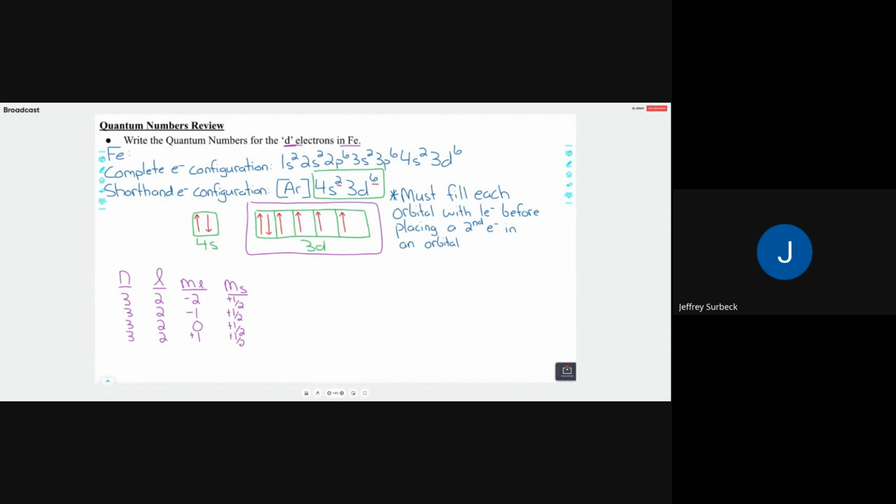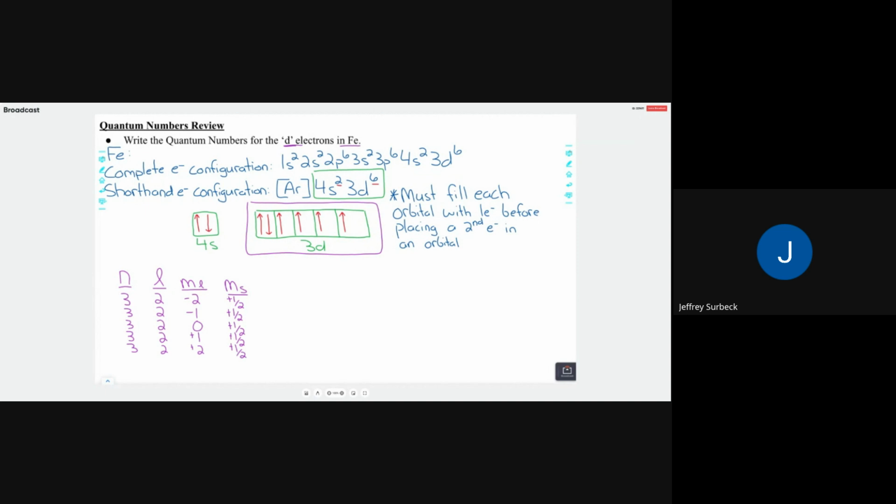And then we get to our electron way here on the right-hand side, still in the third energy level. It's still in the D sublevel, so D sublevel gets a 2. It's in the far right box, so the M sub L is a +2, and it's an up arrow, so plus half.